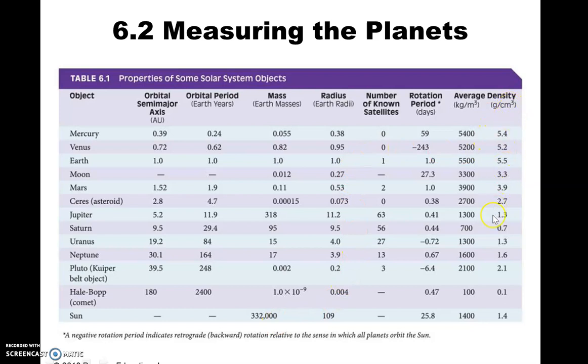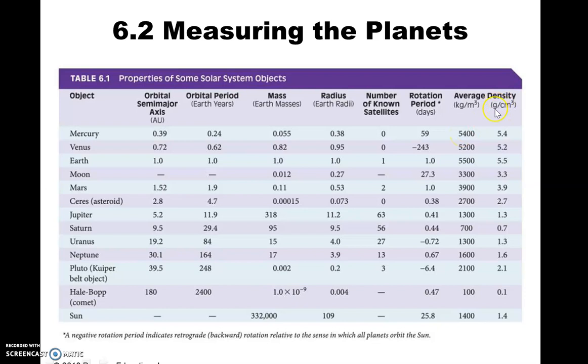And then let's take a look at these densities. For example, notice the rocky inner worlds, including Mars, have a rather large density, and notice the density is in grams per cubic centimeter in this column, and in kilograms per cubic meter in this column. So basically, if you take the grams per cubic centimeter and multiply by 1,000, that's how you get kilograms per cubic meter.